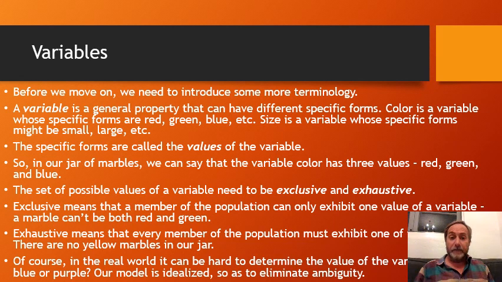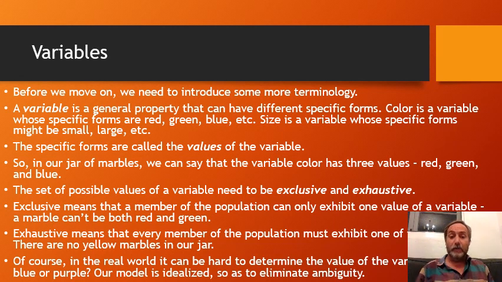So what do those mean? For a value of a variable to be exclusive means that a member of the population can only exhibit one value. So when we say that the values of the variable color are red, green, and blue, that means that a marble can't be both red and green.